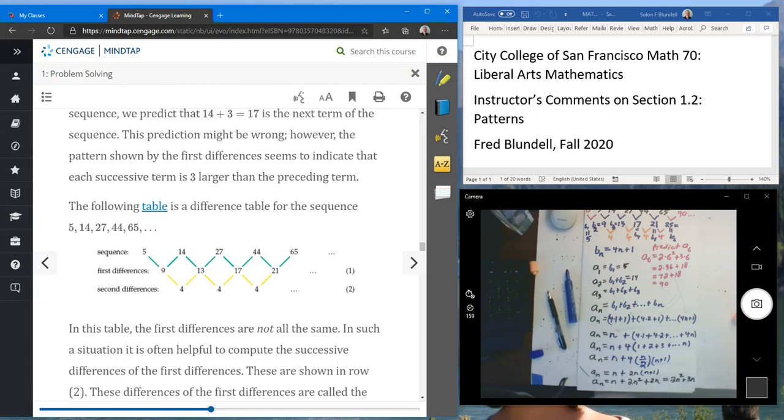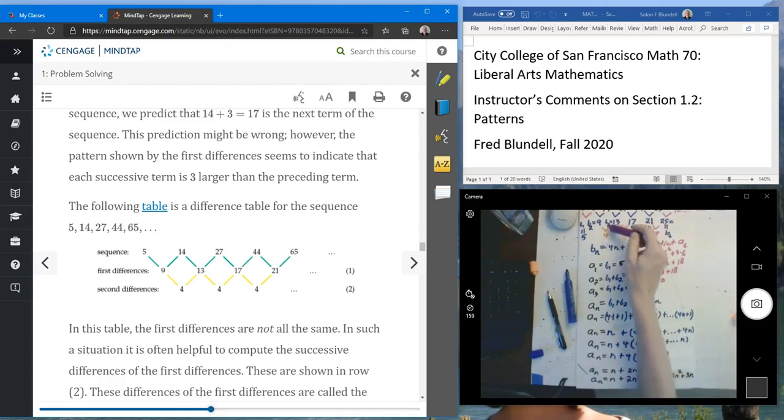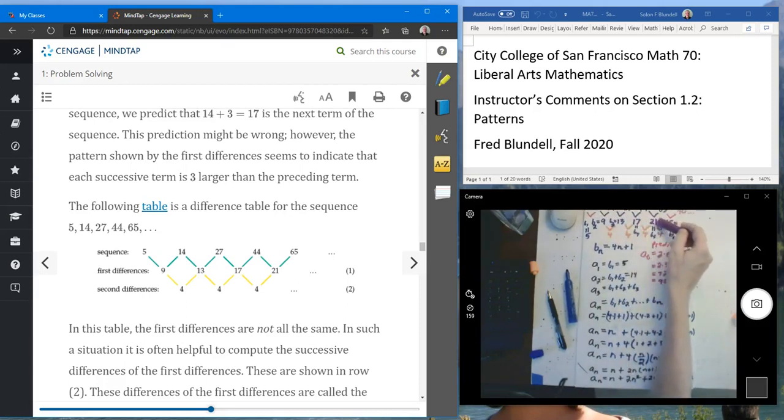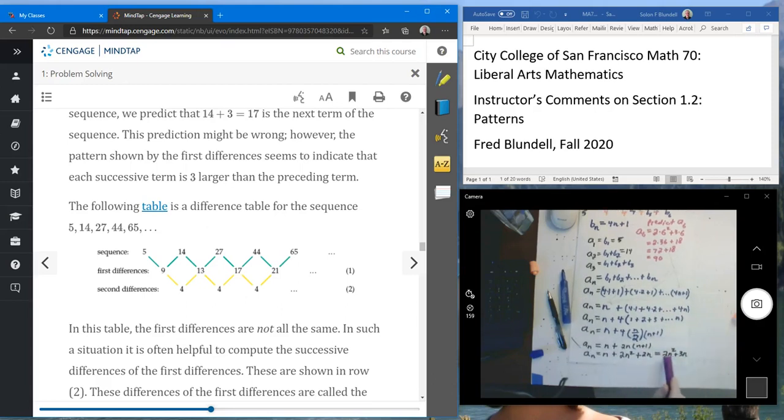But to go from, now that you've got a formula for the middle row, how do you use that to make a formula for the top row? And finally, your end product is a little algebraic formula for the nth term in the sequence. And that's all for this short video.